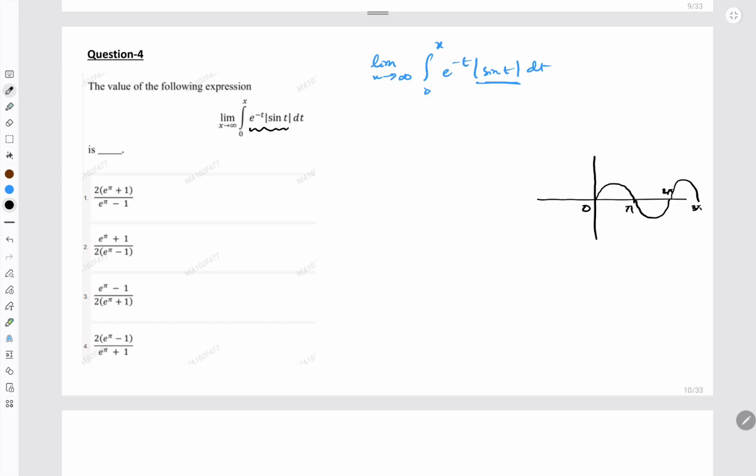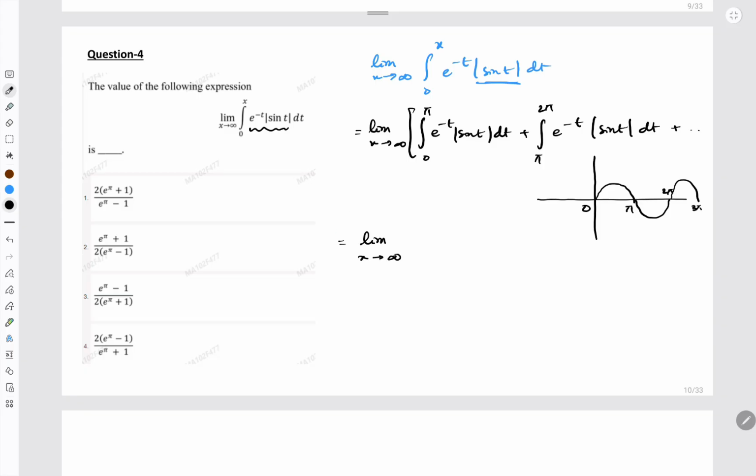So I can write this integration precisely as limit x tends to infinity, 0 to pi e power minus t mod sine t, plus I can break in the pi intervals, pi to 2 pi e power minus t mod sine t dt, and so on, right? But what I know is that in the first region the sign is positive, so I can write it directly as e power minus t sine t dt.